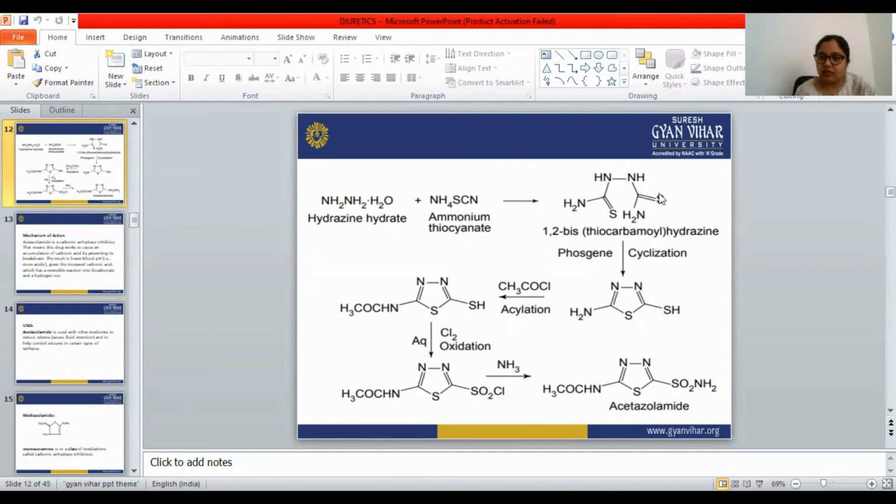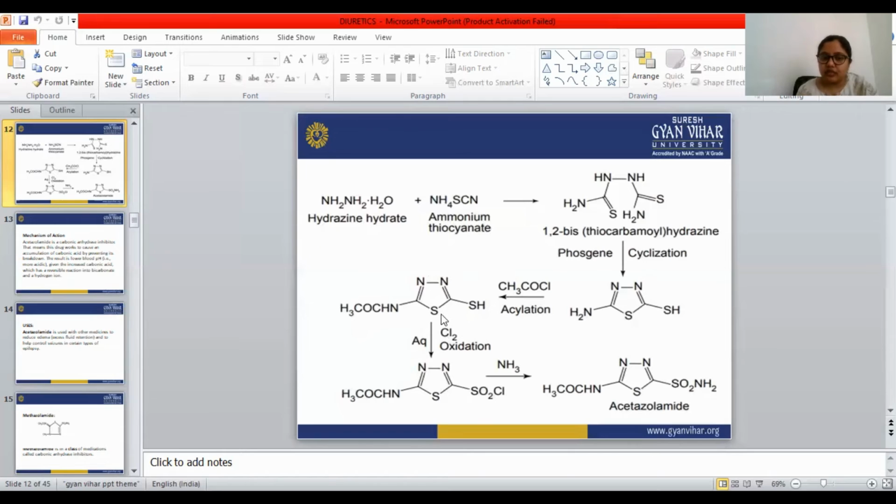After that the cyclization happens, NH3 is removed from here, and it becomes a cyclic form. In the acylation, the Cl and one H from this NH2 combine and HCl is removed, and this CH3CO binds with the N here. So it becomes CH3CONH with the same remaining cycle.